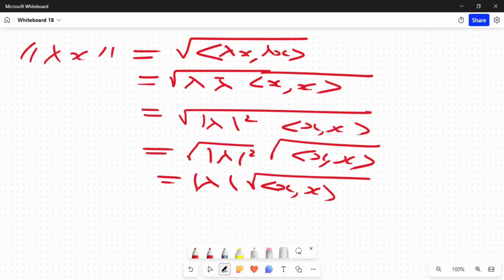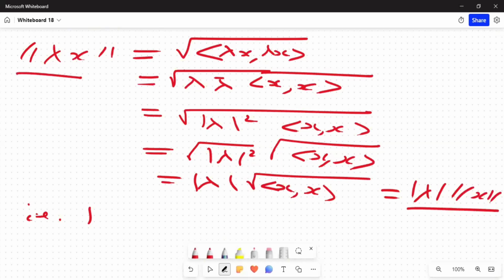This is exactly what you have shown: the norm of lambda x is the modulus of lambda times the norm of x. This is the norm of x. So you started with this and showed that it's equal to the modulus of lambda norm of x. This satisfies N2. Do you understand?